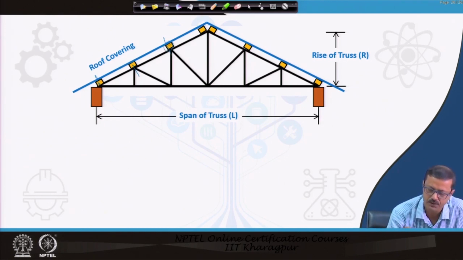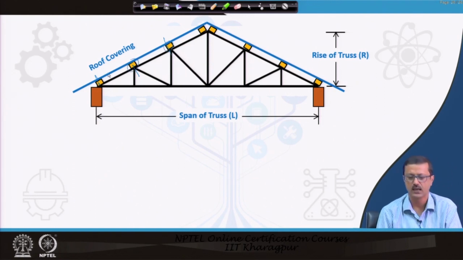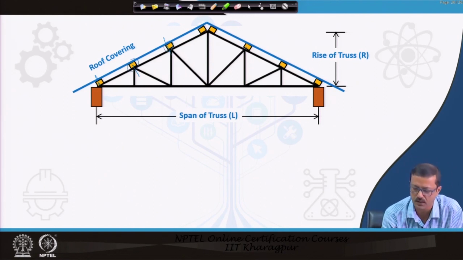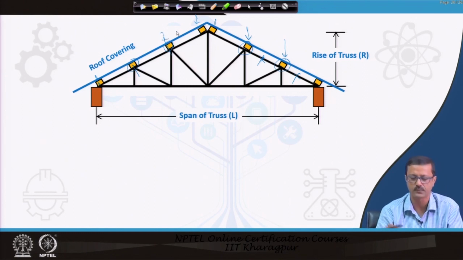The connecting members are the purlins, and you see these purlins are placed on the nodes, not internally. They will not be placed at internal points, only at the nodes, and whatever load comes will come to this particular point, and the load is transferred to the truss.